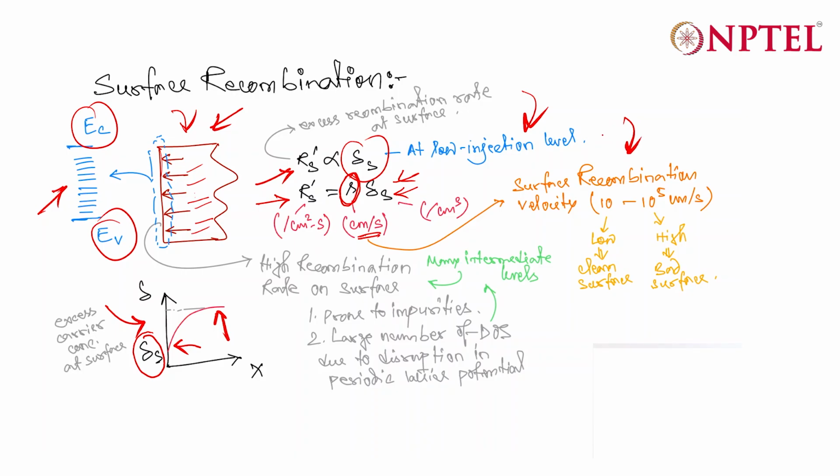Its value can vary from 10 to 10 to the power 5 centimeter per second. If the value is low, that means the surface is clean. If the value is high, then the surface is bad. So the constant S, the surface recombination velocity, helps us understand the quality of the surface and how the surface behaves.